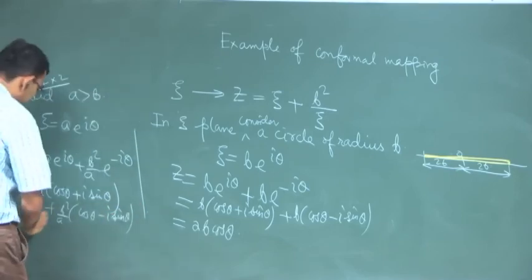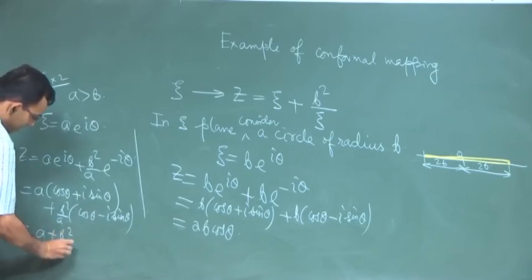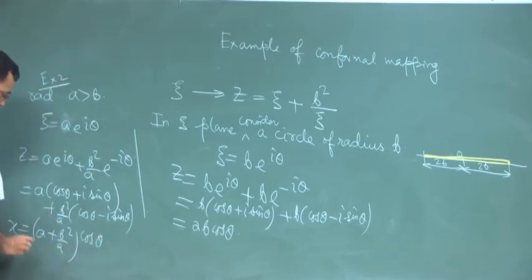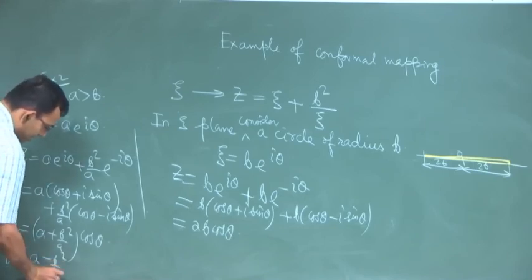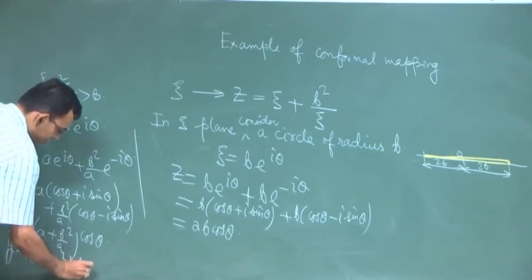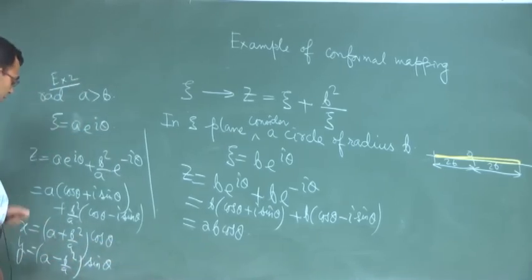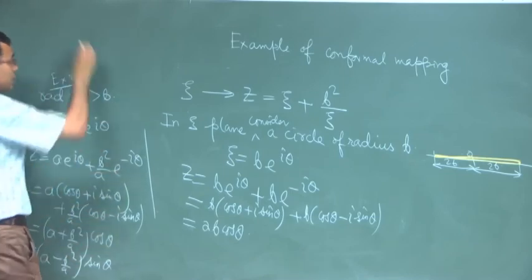So, what is x? x is a plus b square by a, times cos theta, and y is a minus b square by a, times sin theta. You can eliminate theta by noting that cos square theta plus sin square theta equals 1.